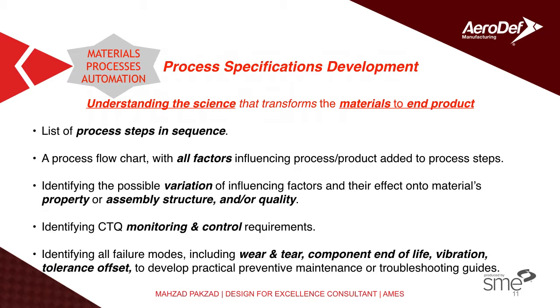I identify the possible variations of that influence. Okay, if we have, say, temperature as an influencing factor, is that temperature going to vary? What could cause a variation of the temperature, and when the temperature varies, how does it affect the material property, and how does it affect the assembly structure?